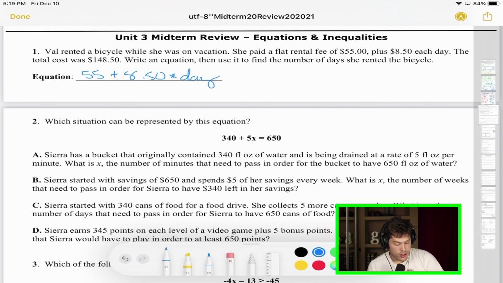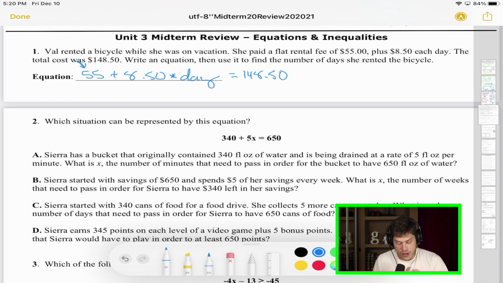The total cost was $148.50. Write an equation, then use it to find the number of days she rented the bike. Okay, so she paid the flat $55, and then she paid $8.50 a day for a total of $148.50. So here's our equation, and then to solve for the number of days, this is just a basic algebra problem.